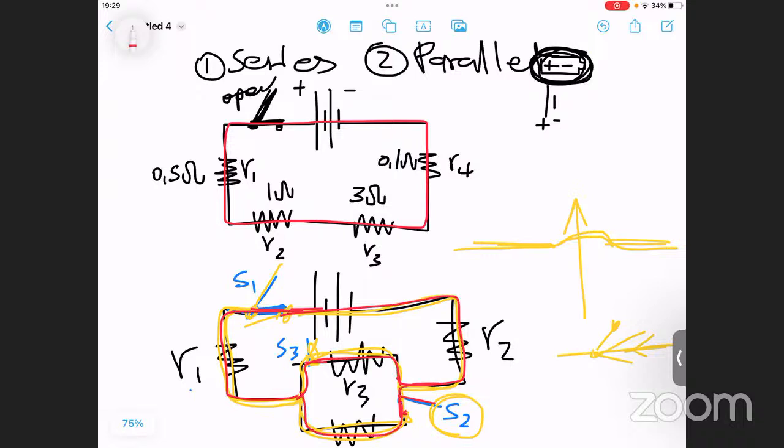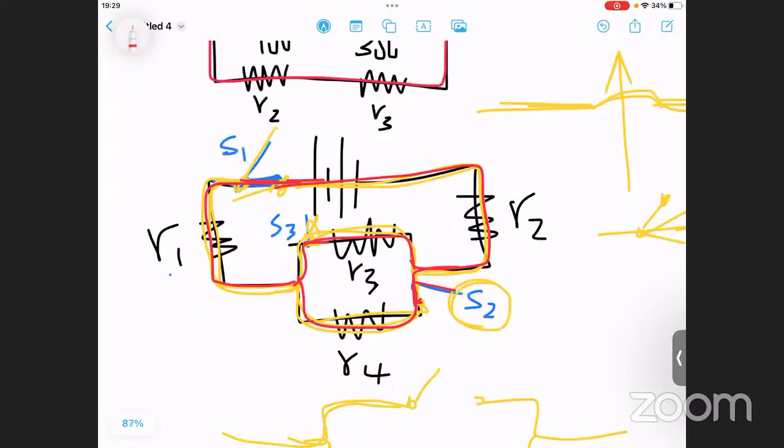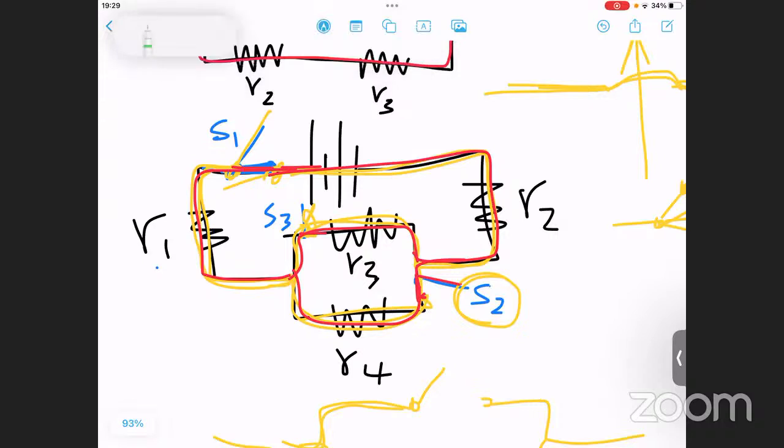So in which instances do we connect things in parallel? For example, in the house that you are in, you may find that this is the room that you are in, and then your parents or whoever are in the other room. In the room that you are in, you have switched on the light bulb, but you may find that the light bulb is off in the other room.